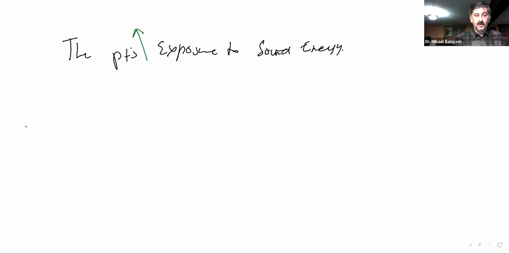now different tissues are going to have different indices by which they absorb the sound. But there is still a certain amount of the sound that a tissue is exposed to that it will absorb. The level of absorption is just going to be different from tissue to tissue.